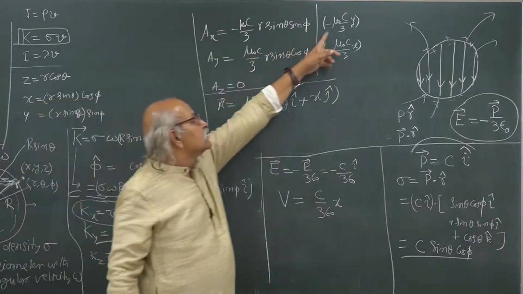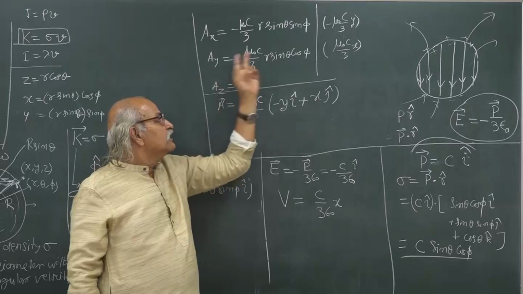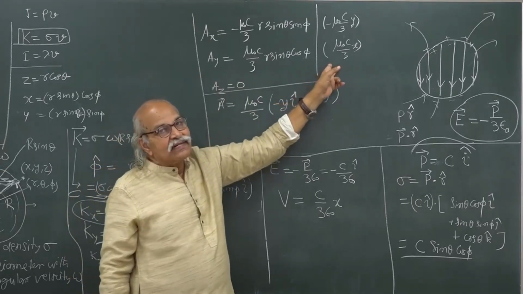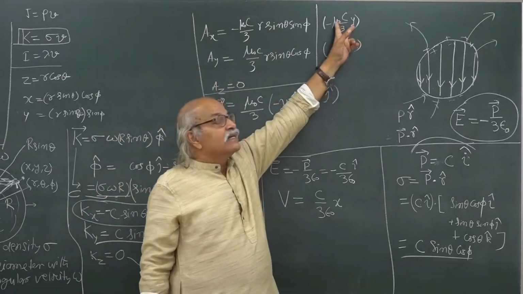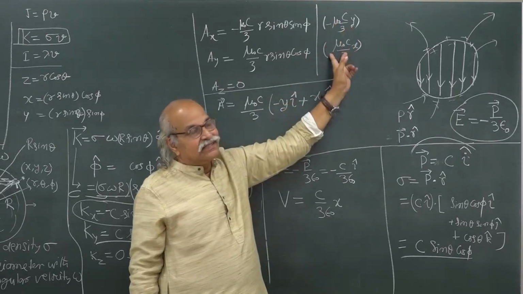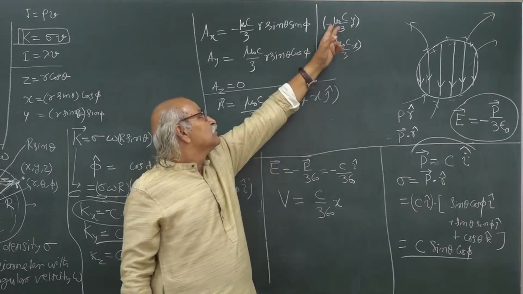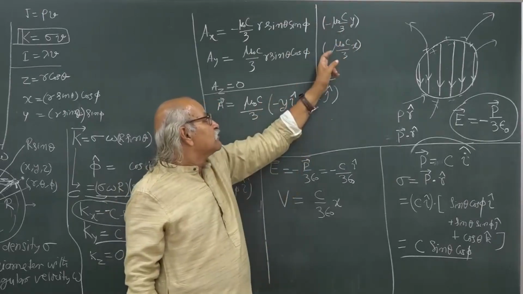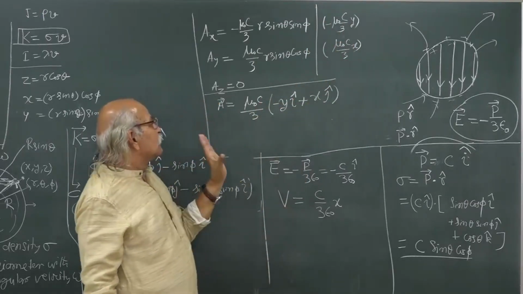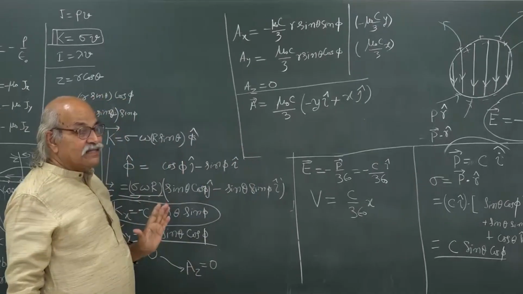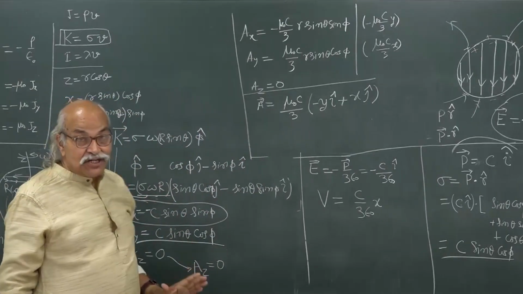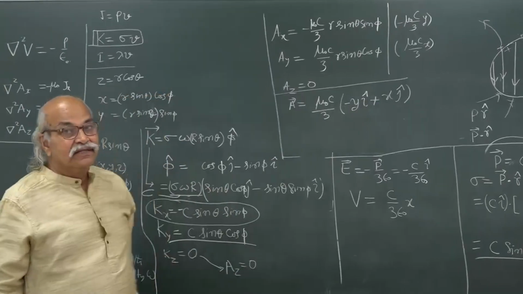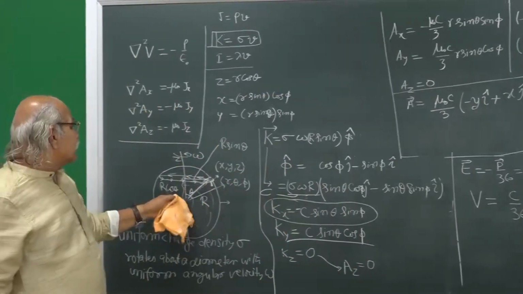Ax is this much, Ay is this much. So, the vector A is this i cap plus this j cap. So, mu naught c by 3 is here, minus y i cap and plus x j cap. So, we have gotten the magnetic vector potential inside this rotating sphere.